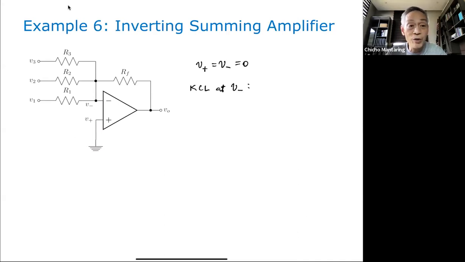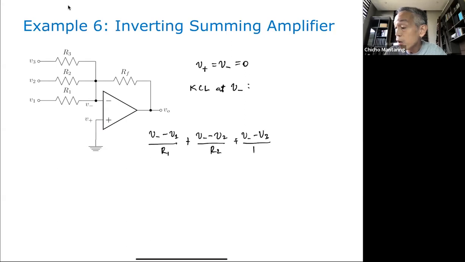Okay, what is my equation going to be? I have V minus V1 over R1. So that's this current, plus V minus V2 over R2 plus V minus V3 over R3 plus V minus VO.